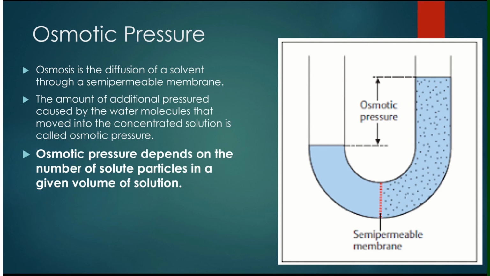Very important that our cells floating around in our blood have about the same concentration of salts on the inside of the cell as the outside. This is why it's so dangerous to drink distilled water. Perfectly pure water, your cells have a lot of solutes in them. So if you drink perfectly pure water, that water is going to flood into your cells and cause your cells to pop. Not good.